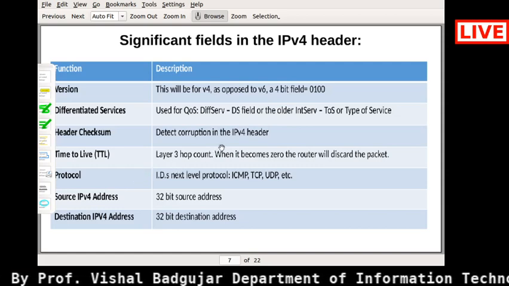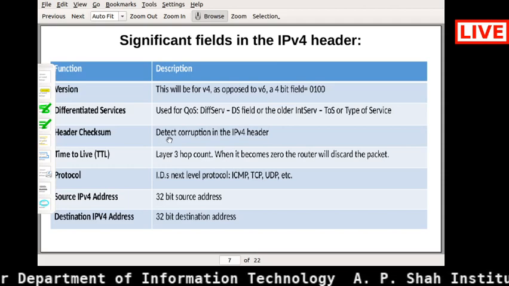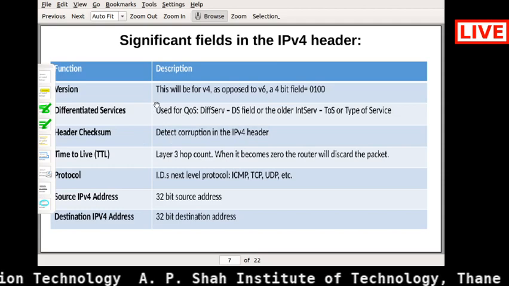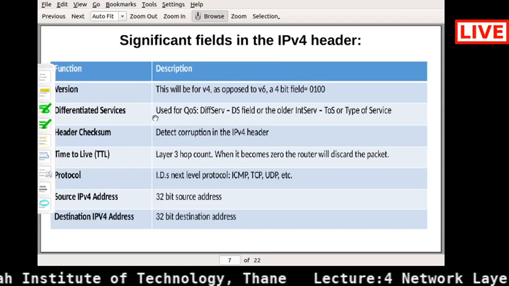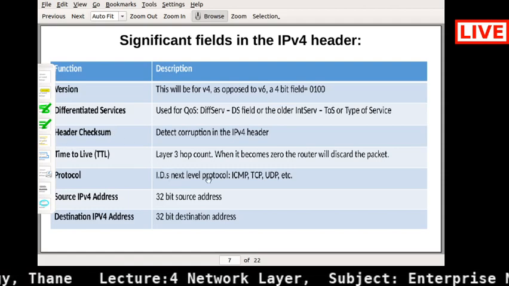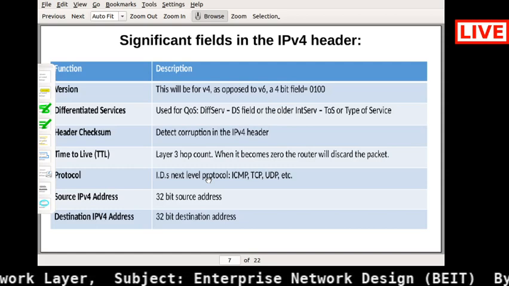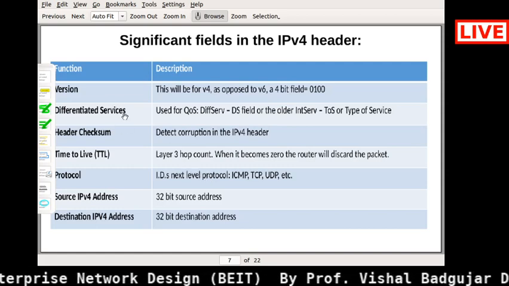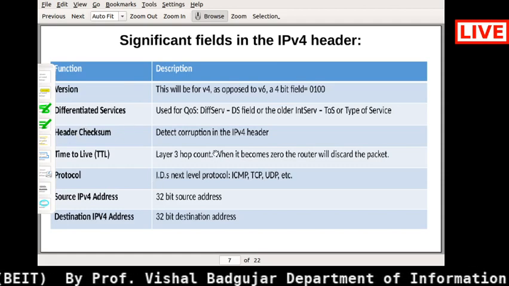Header checksum, as I already told, is responsible for error control and checksum. And the DS is for the QoS parameters. As we know, IP is responsible for sending the packet from the sender to the receiver side, so this is the quality of service parameters. So this is your IPv4.